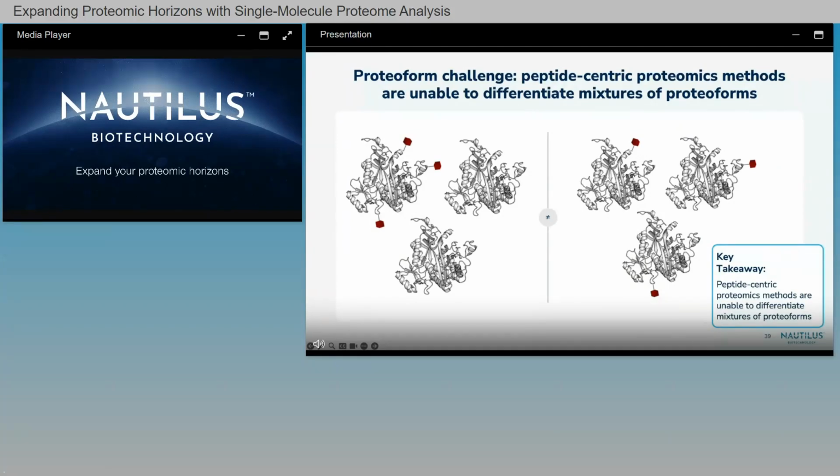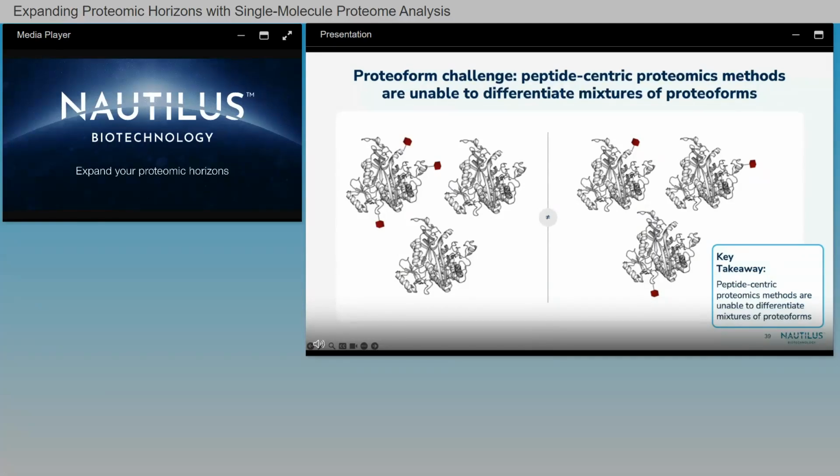The sample on the right contains one modification at a different site on each of the molecules. Biologically and functionally, these are likely very different from each other. The molecular heterogeneity of the proteoform landscape is just different. Unfortunately, any peptide-centric method will be unable to tell that these two samples are different from each other. One needs to look at an undigested protein to really look at proteoforms.